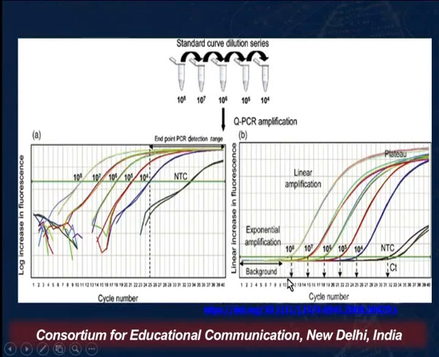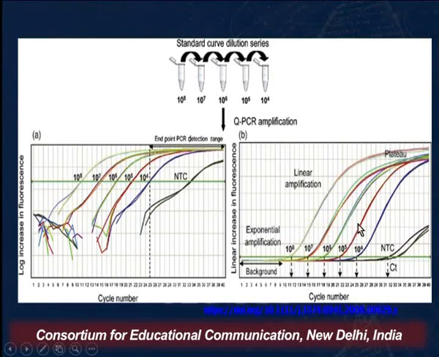The cycle number at which the fluorescence is detected is termed the CT, the threshold cycle, or CQ, the quantification cycle. This cycle is the CT value, and then on the logarithmic scale there will be a linear amplification, and after a while there will be a plateau in the fluorescence.